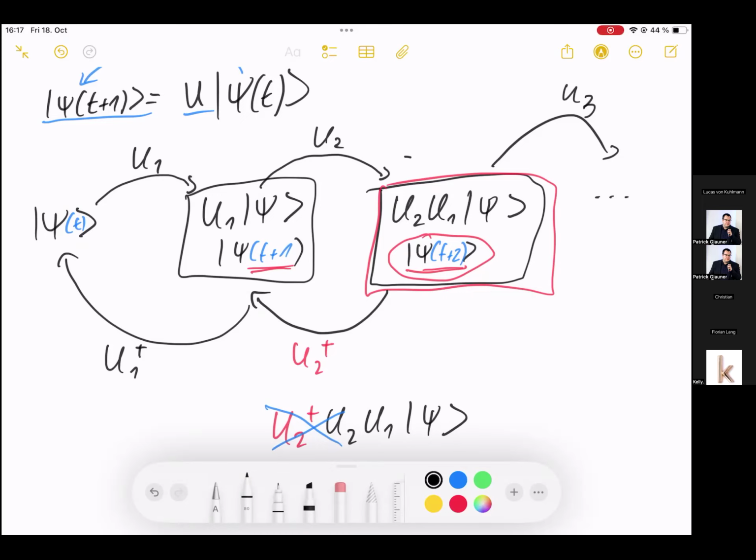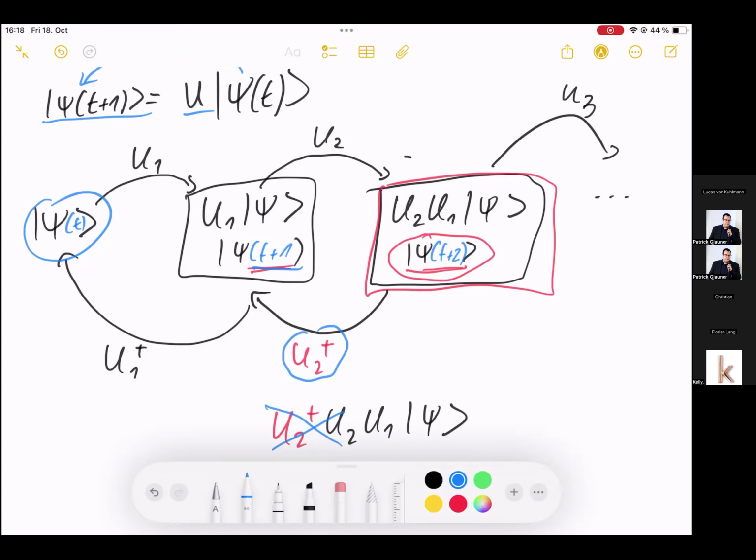So if I have my quantum system or my quantum state and I multiply it with U1 and then U2, obviously I'm evolving, I'm getting to new states. But then if I start multiplying from left U2 dagger, then I go back to t plus 1. And if I multiply again with U1 dagger, this will happen again.